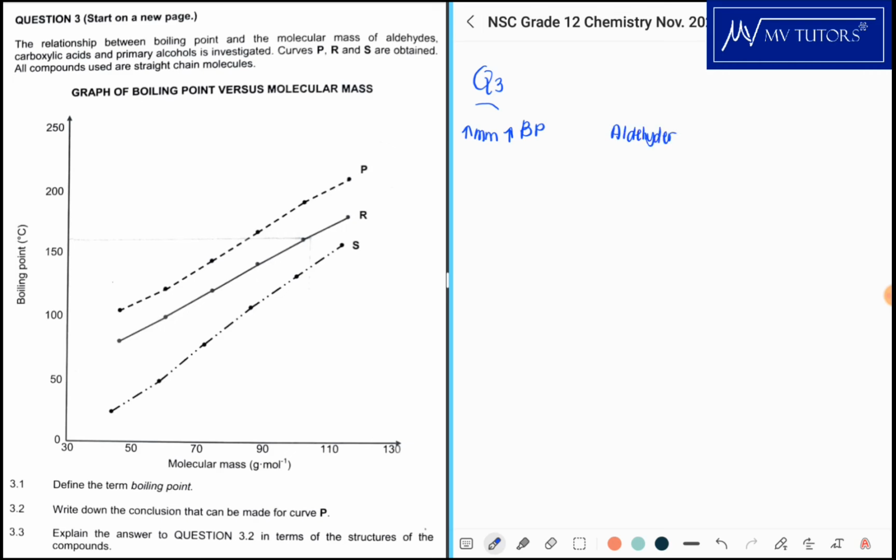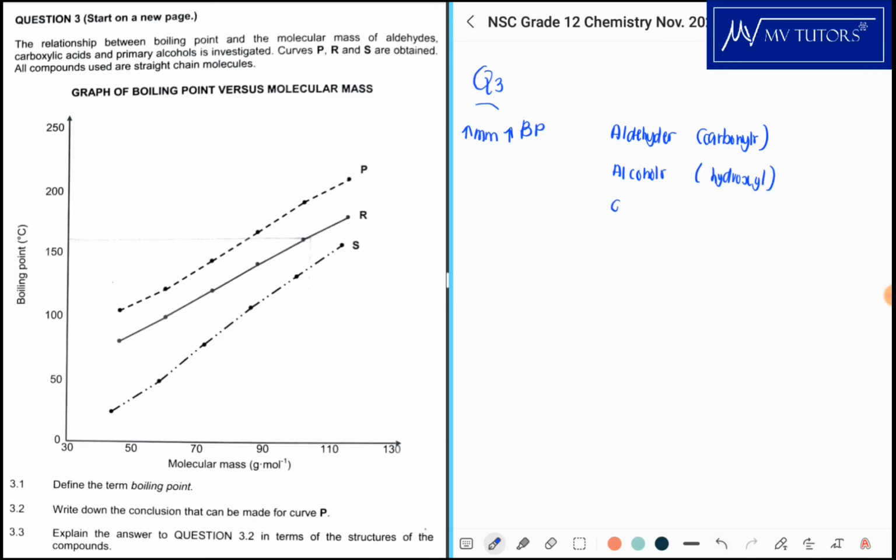Aldehydes are also known as carbonyls. Then we also have carboxylic acids as well as primary alcohols. I'm going to put alcohols first. They contain the hydroxyl group.